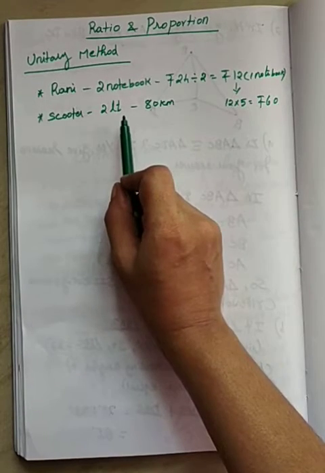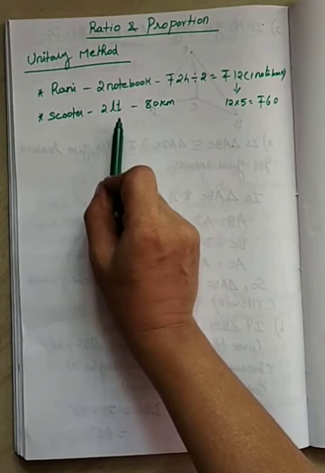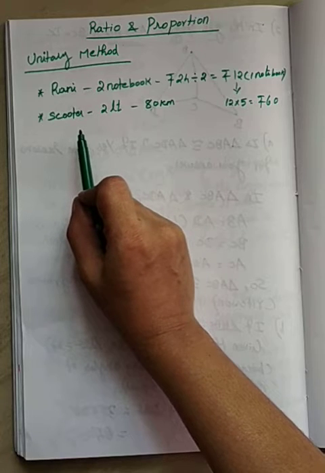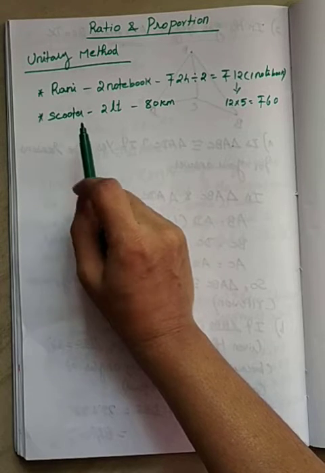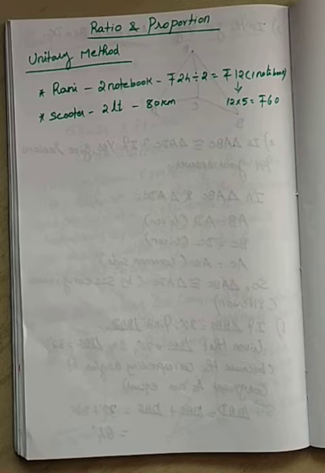Now see here, reconsider the second example. The scooter requires 2 liters of petrol to cover 80 kilometers. How many liters of petrol are required to cover 1 kilometer? We want to know how many liters are needed to travel 1 kilometer.